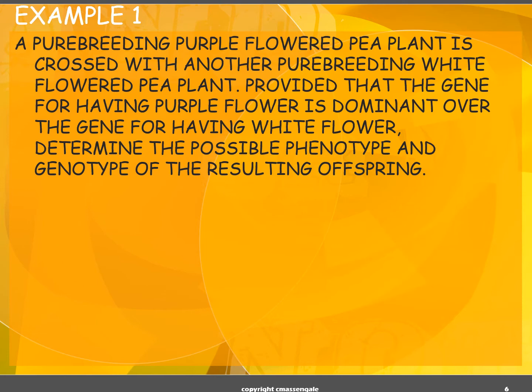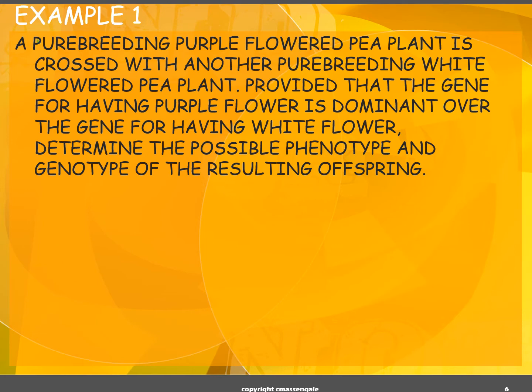Now, take note, class, that in solving a monohybrid cross problem, there are 7 steps that we need to follow. Before we continue with the 7 steps, let's try to identify some clues in the problem first. So let's identify the givens.